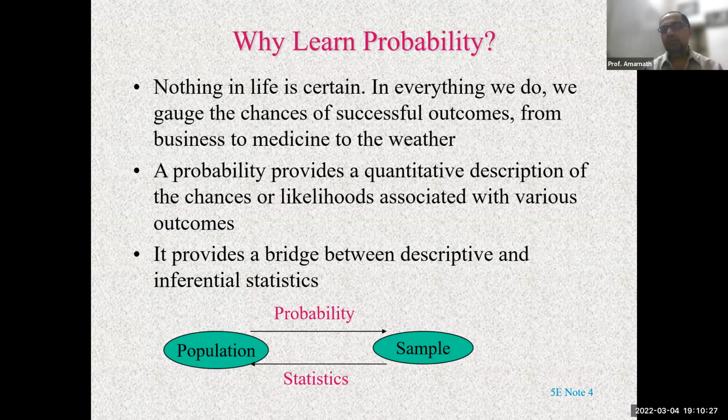But the choice of samples should be very clear. Why and how we take a sample, we will learn going forward. But this is how the cycle works. Through a probabilistic assumption, we come to a sample. Using a sample, we talk about the population. That's statistics. So that's how the cycle works.